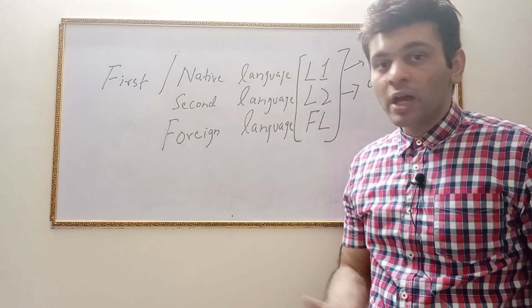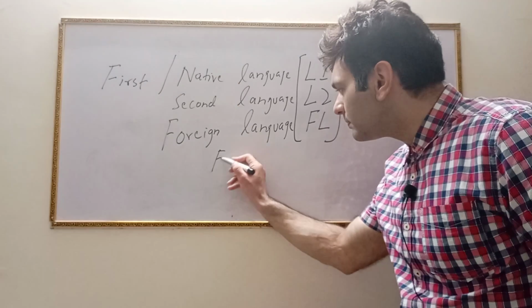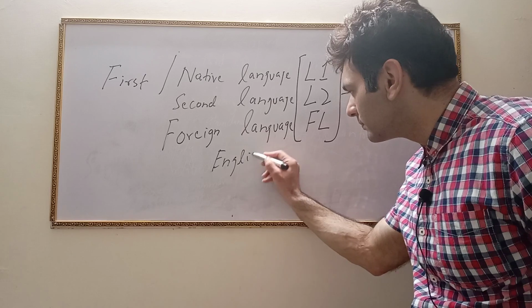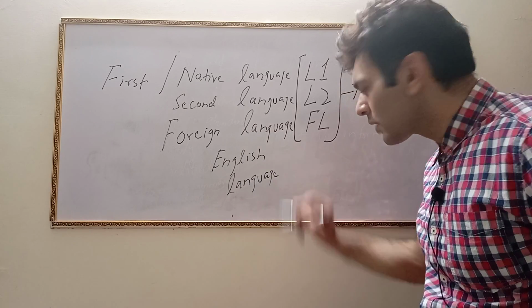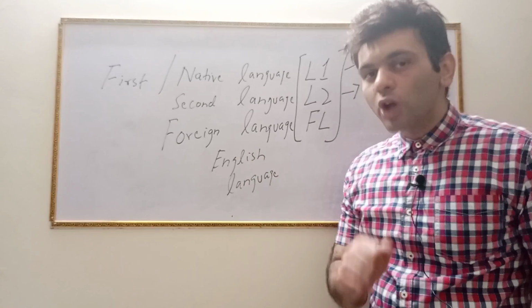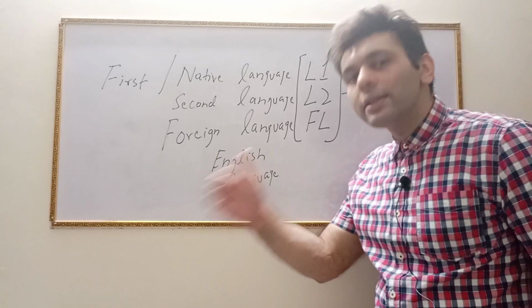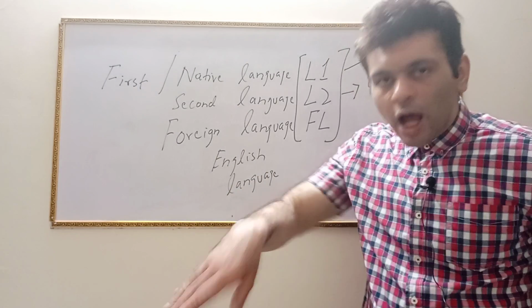For example, in Pakistan, foreign language is the English language. Now, why is it a foreign language? Because it is not spoken by others. It is not understood by other people around.